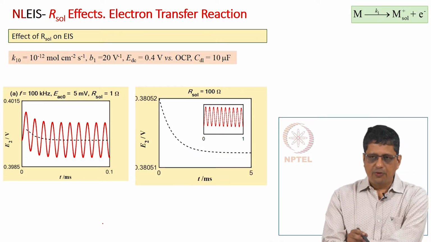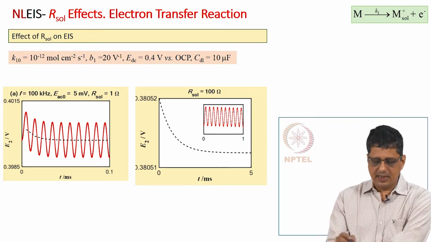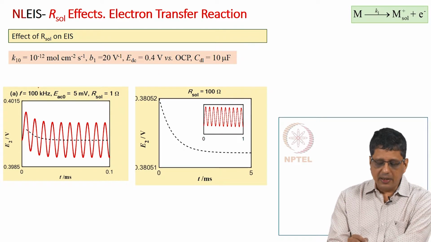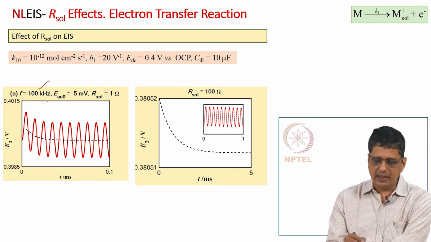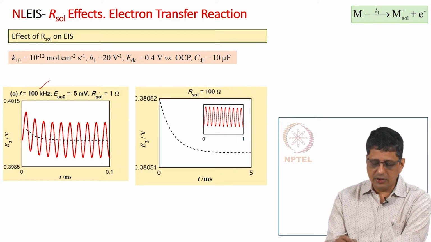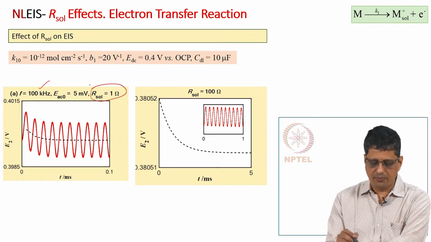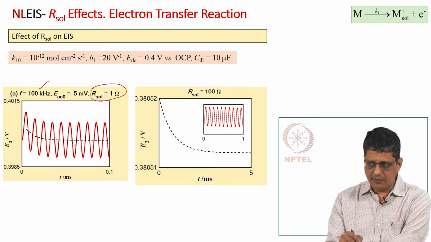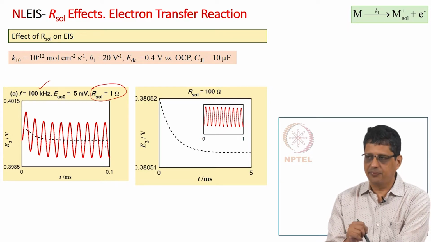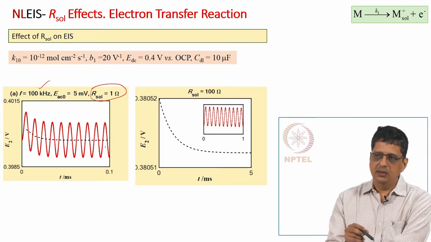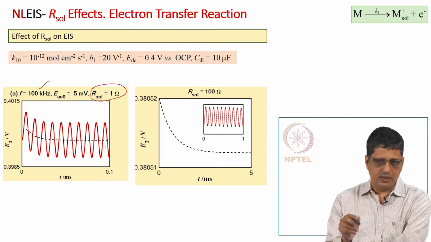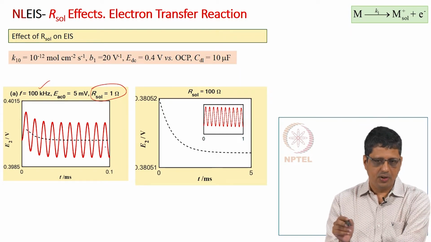Now, for a given set of kinetic parameters, if I apply a frequency of 100 kilohertz for a solution resistance of 1 ohm for a simple electron transfer reaction, the potential oscillations stabilize after some time. Earlier we have seen that when you have adsorbed intermediates, the current oscillations will stabilize after some time, right.